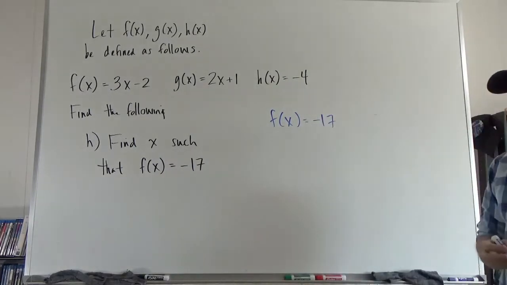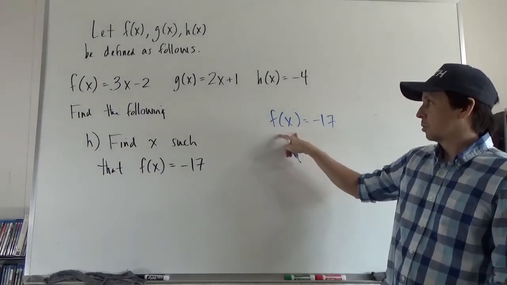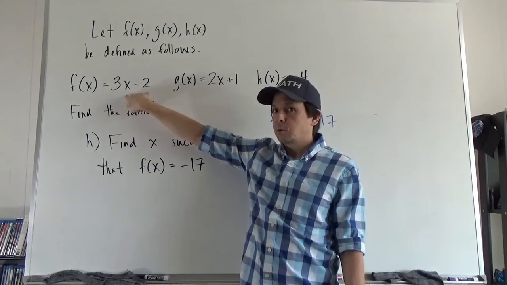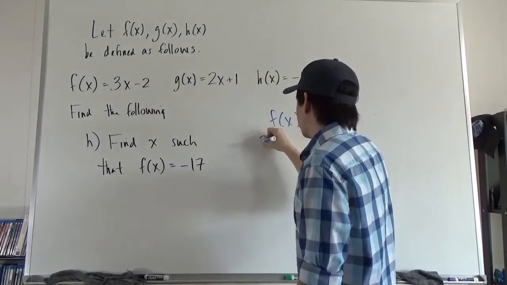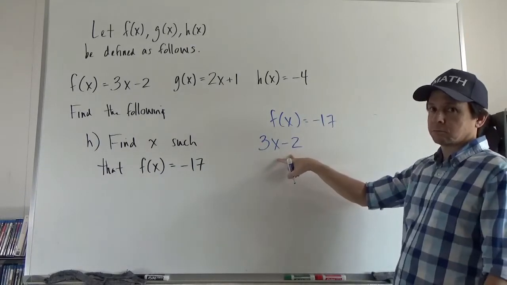I'll start off with the actual equation they want us to solve. F of x is equal to 3x minus 2 for whatever input, and I'm trying to solve for the input, so I'm going to replace f of x with its definition.